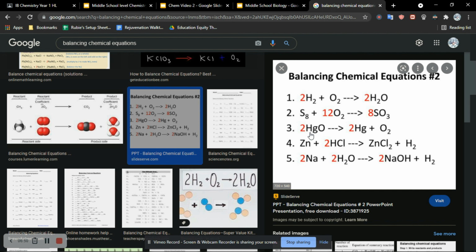Yeah, 2 mercury and 2 oxygen. So the 2 here is being multiplied to both of them. It's going to be Hg2O2. You should just make sure you remember that. Don't get confused about that.